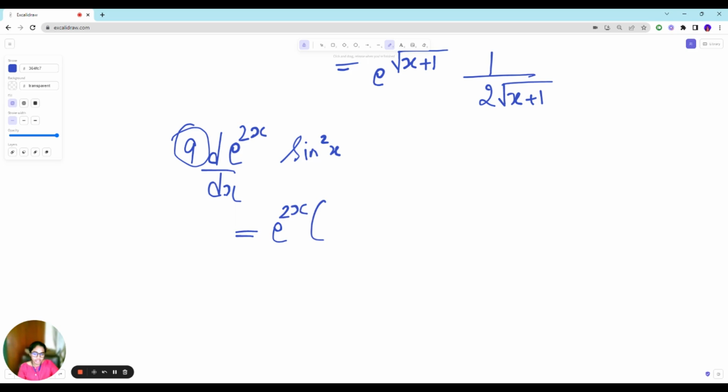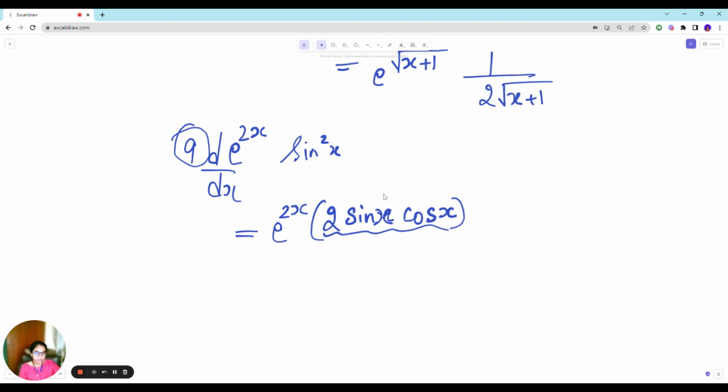What is the differentiation of sine square x? That is 2 sine x into differentiation of sine x, which is cos x. I've just applied chain rule directly. If you get confused how we got this step, first take sine x as t and solve step by step using chain rule.